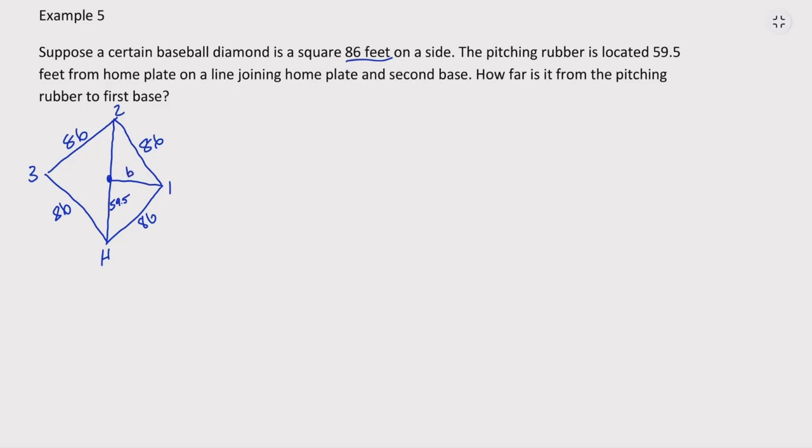Now, because this is a square, a diagonal bisects this, and this is some geometry. So if it's a square, that means that the angle at home plate is 90 degrees, so this is going to be 45. Okay, so we can say B squared is equal to 59.5 squared plus 86 squared minus 2 times 59.5 times 86 times cosine of 45.